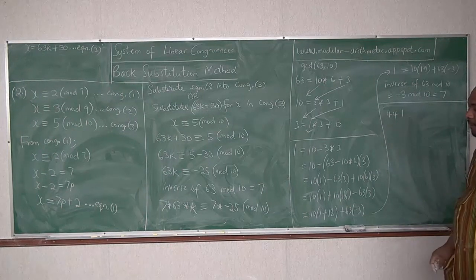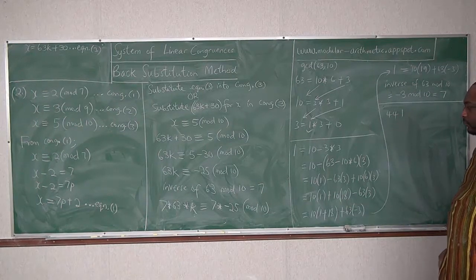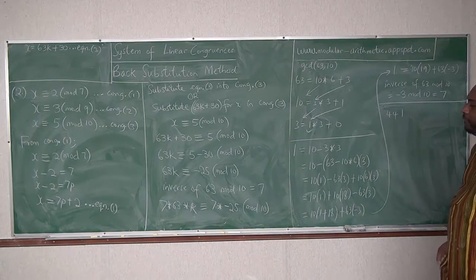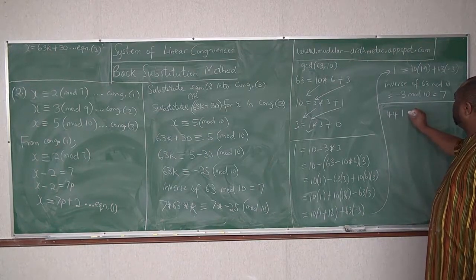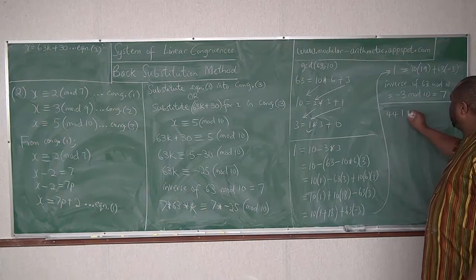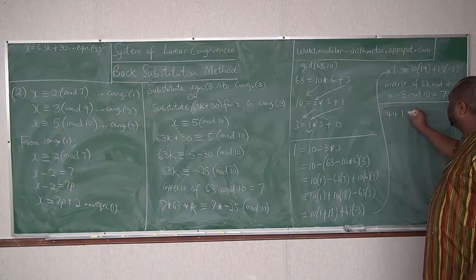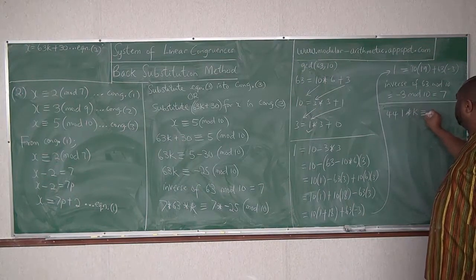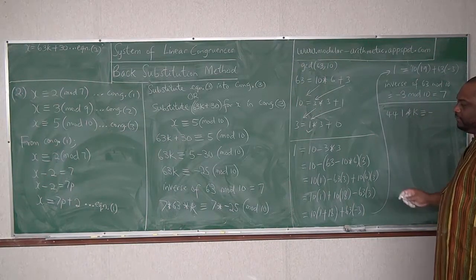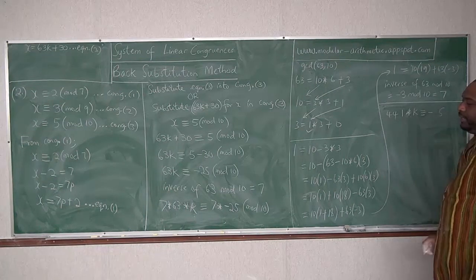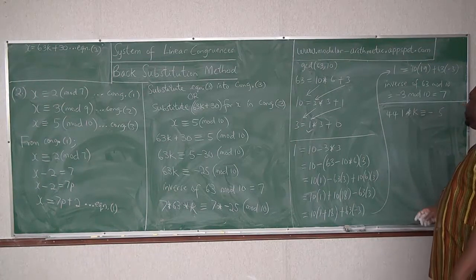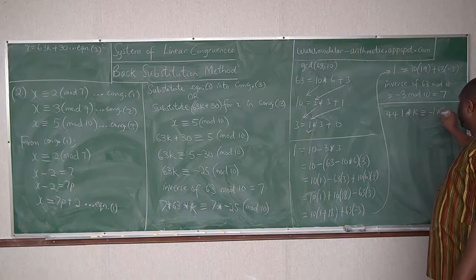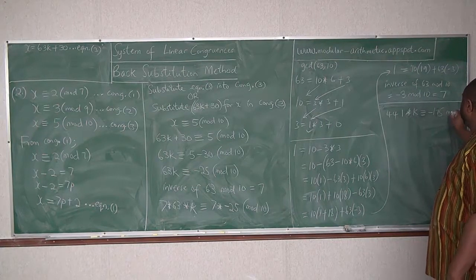Okay? So 441 times k is congruent to negative 7 times 25, which is negative 175. Okay, everybody mod 10.